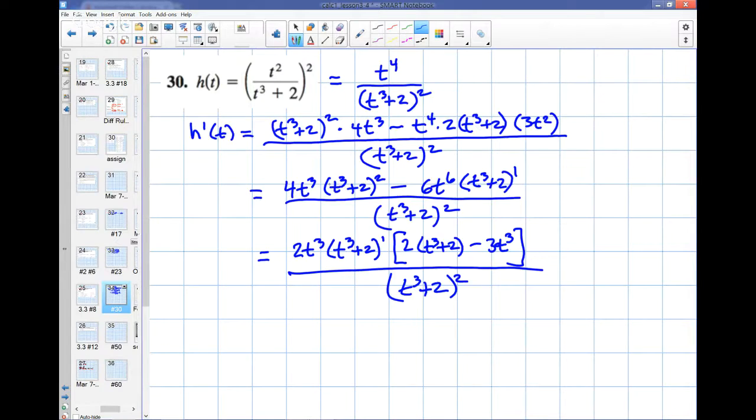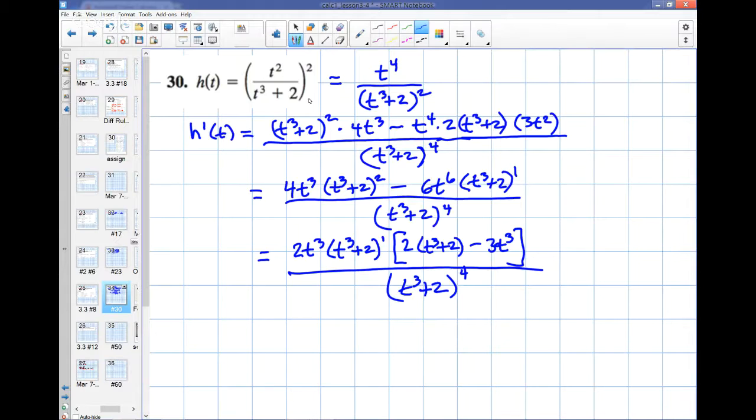Sorry, I just realized it's over the denominator squared, and it was already squared, so those should be 4s. Everybody, so over denominator squared, and it already was squared. I was supposed to square it.